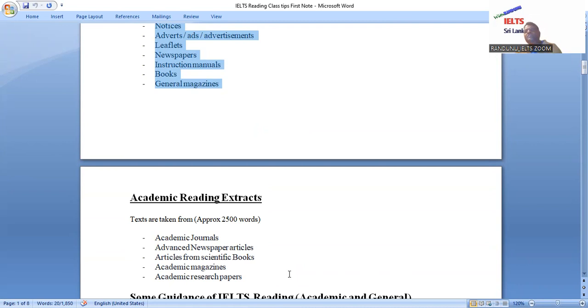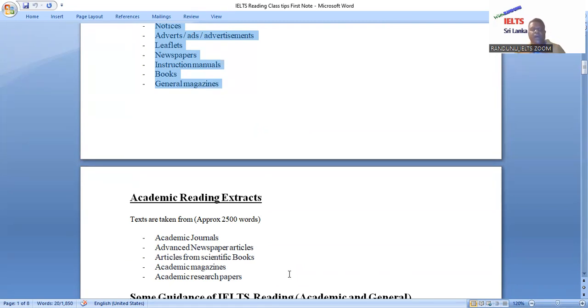And the extracts which come in academic are from academic journals. They will not give the full journal. They will give a part from one academic journal. Or it can even be advanced newspaper articles.